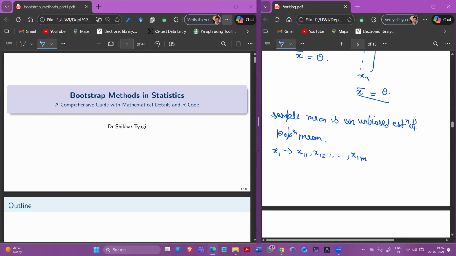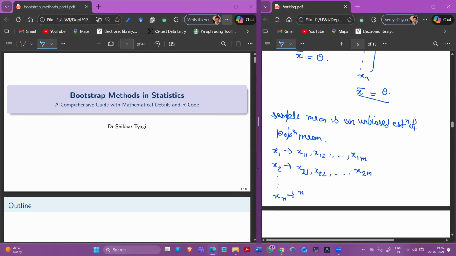After that, you collect another sample, x2. In that one, you again collect the sample units, x21, x22, and so on up to x2m. And so on up to n samples, here xn.